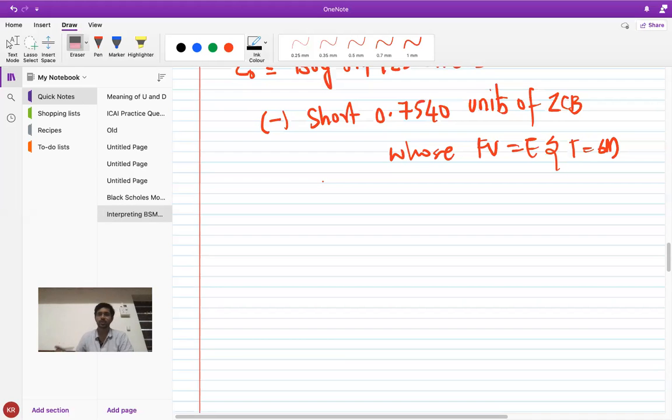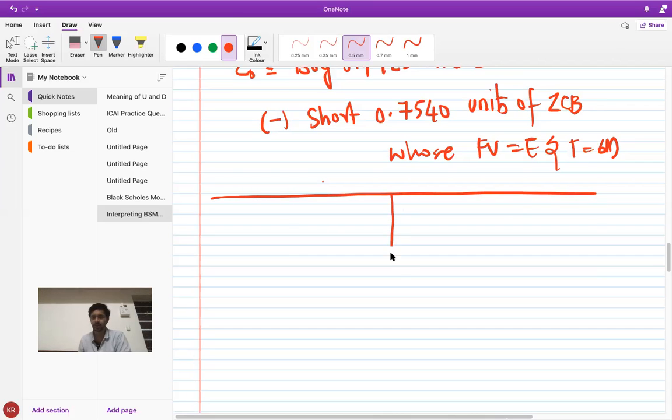So if I quickly do a comparison between the answers that I got as per binomial model and the answers that I got as per the Black-Scholes, say this is binomial and this is Black-Scholes.